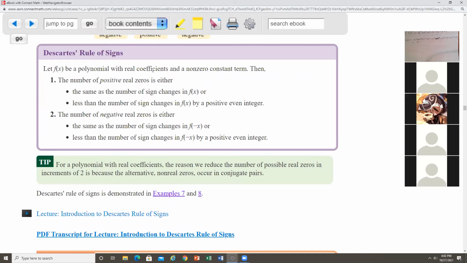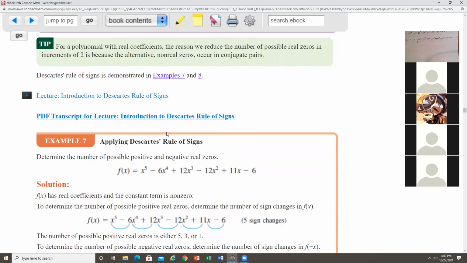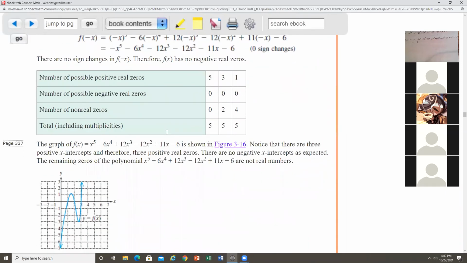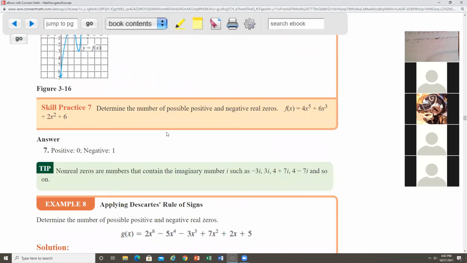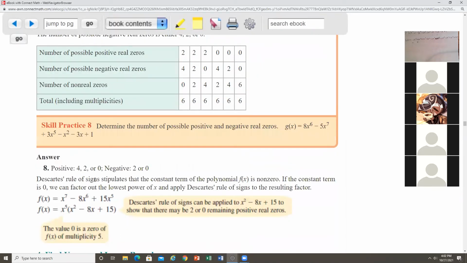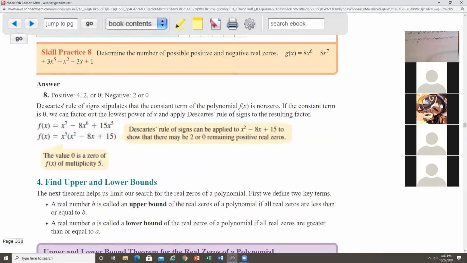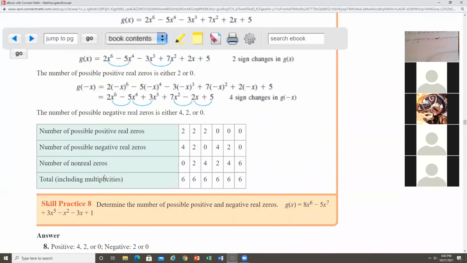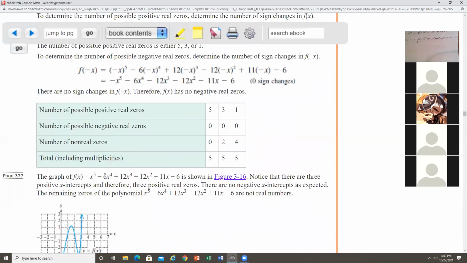Now, as far as zeros are concerned, ladies and gentlemen, what are we going to have here?